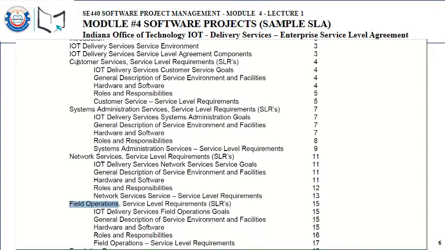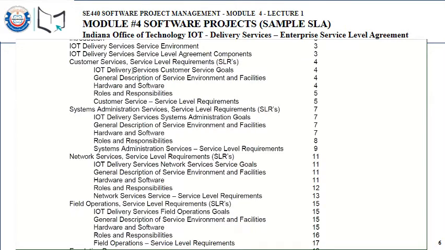For each of these four perspectives, they address the service level requirements, the SLRs.